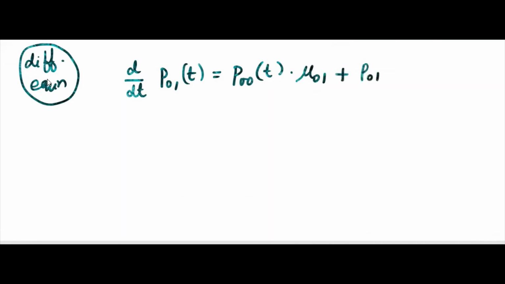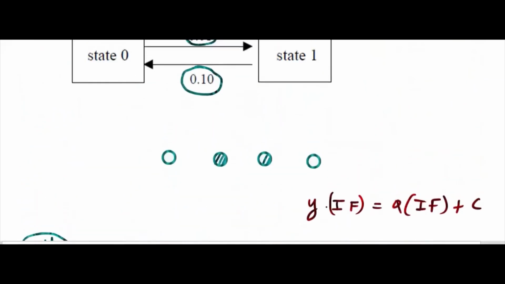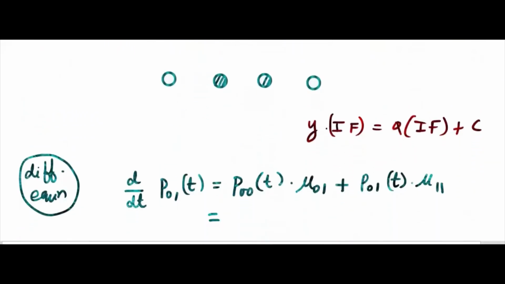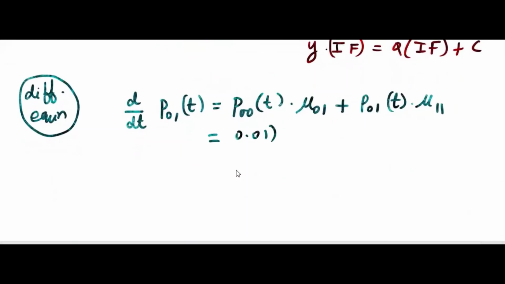When you write P01(t), then from 0 to 1 finally it is mu 01, and this is given, so we'll write mu 01, which I think was 0.01, yes, 0.01 and 0.10. So 0.01 P00(t) plus, but a minus will come here because 1 to 1 is the same, so it will be minus 0.10.